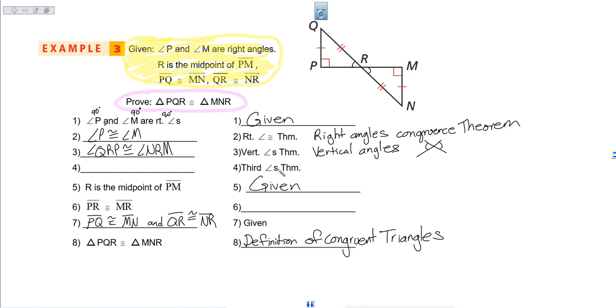Our next justification says third angles theorem. Now, if you don't remember what third angles theorem is, go back to day 1 of this unit and find where we talked about third angles theorem.